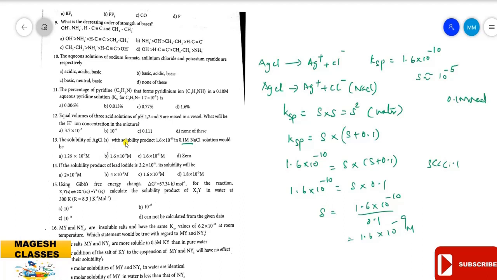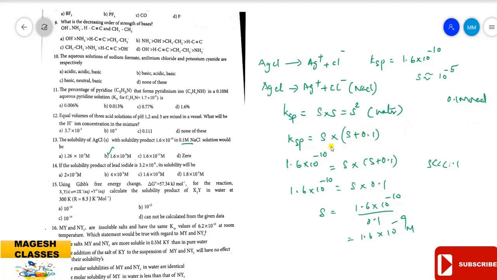Once again, let me recall this problem. Silver chloride dissociates into Ag plus and Cl minus ions. KSP is given as 1.6 into 10 power minus 10. In water, KSP is equal to S squared, so S is approximately 10 power minus 5. In the presence of 0.1 M NaCl, the NaCl dissociates to give chloride ion, which is added to the solubility.